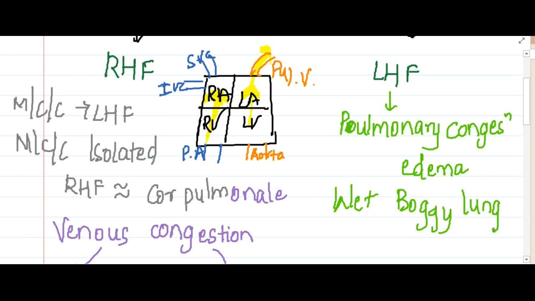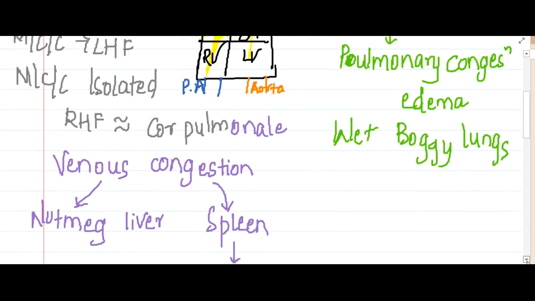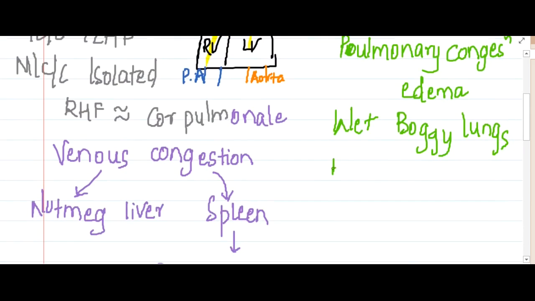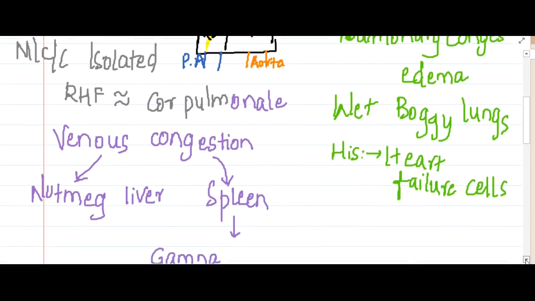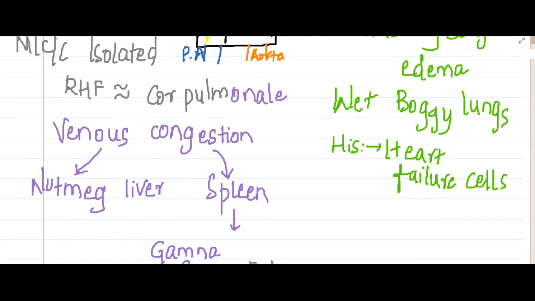And if you take the histology, you will see in the lungs the presence of heart failure cells. These are heart failure cells, and they are present in the lungs. This heart failure cell is actually a macrophage.